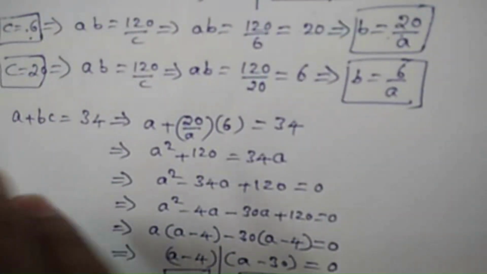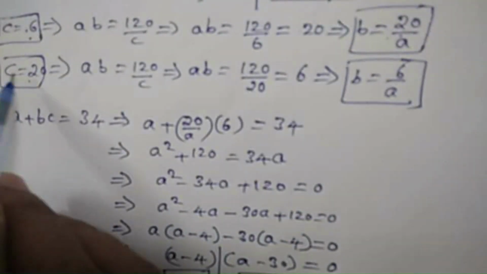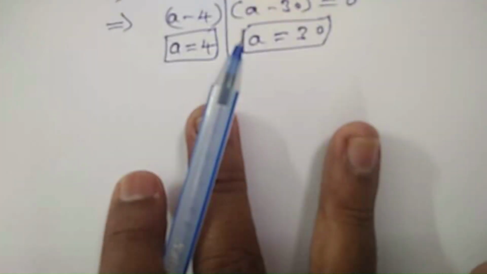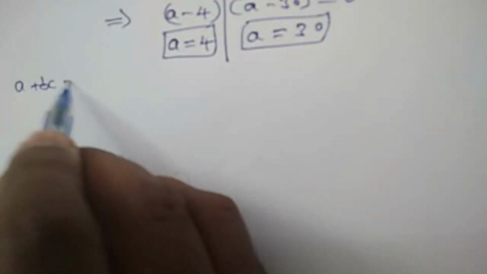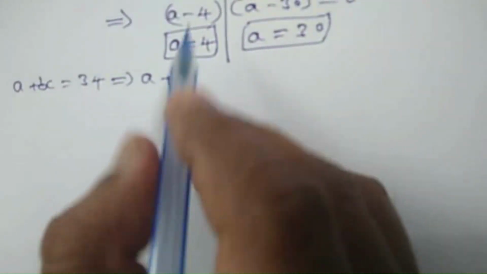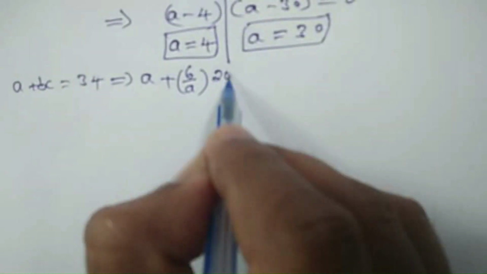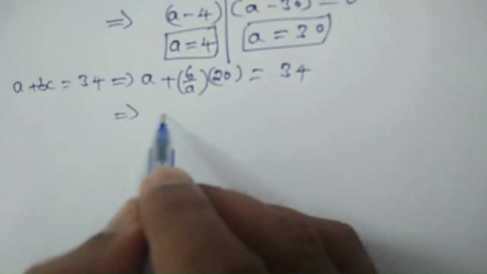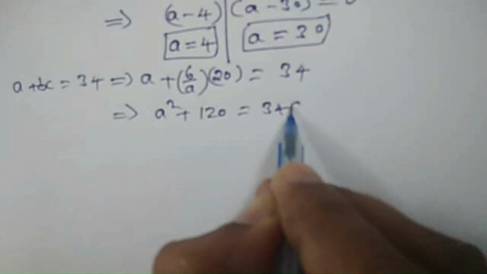There is one more combination, c is equal to 20 and b is equal to 6 by a. Again substitute this combination also in the same equation. a plus bc is equal to 34, so a plus, this time b is 6 by a, c is 20, is equal to 34. That implies a square plus 120 is equal to 34a.